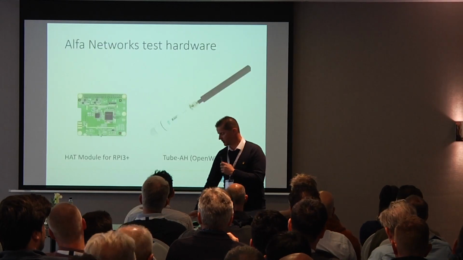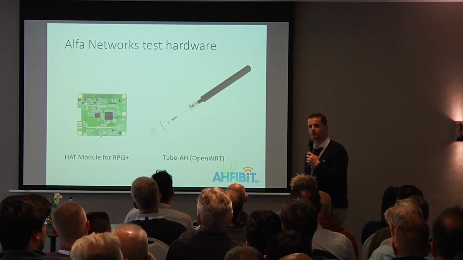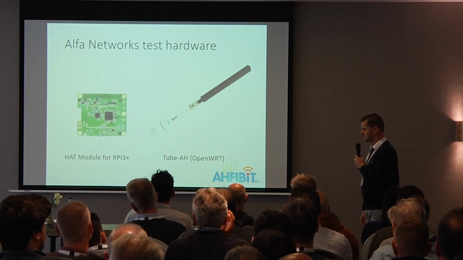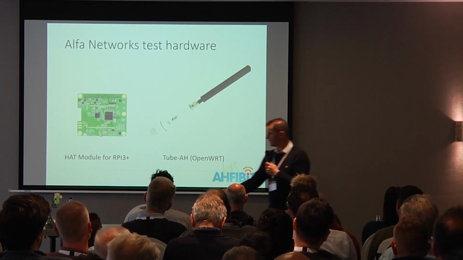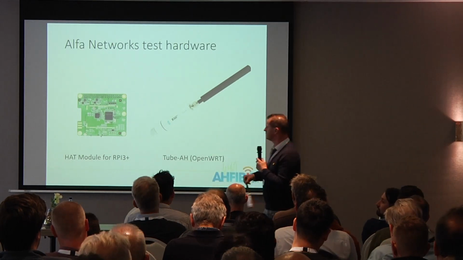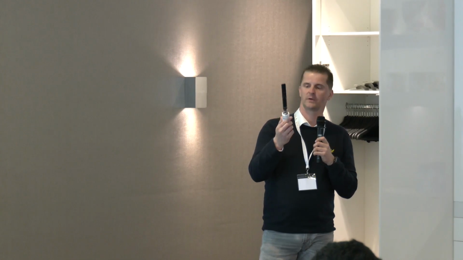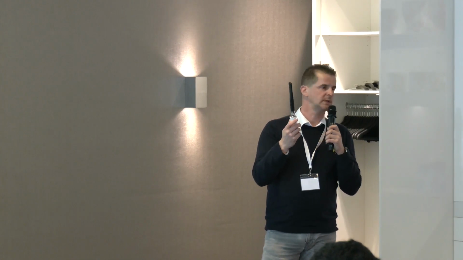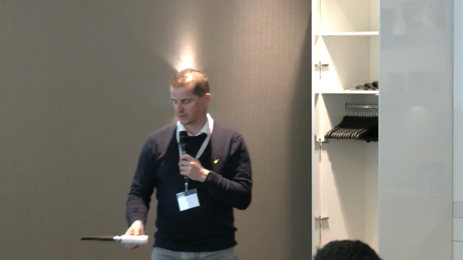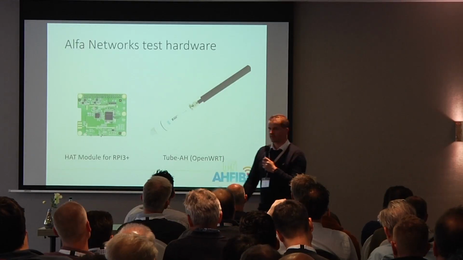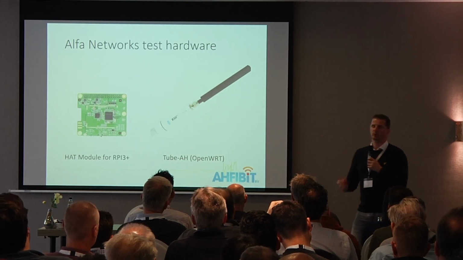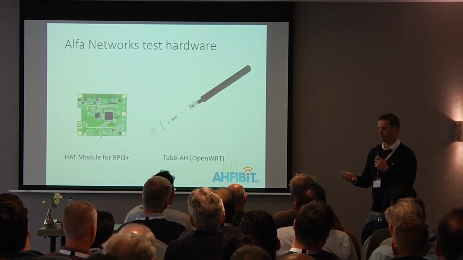And Alpha Networks. You know them from the Wi-Fi dongles. They were having some equipment. I used a hat module for a Raspberry Pi, but I also use this because this was a finished product. It's built for 868 megahertz, so it's built for Europe. So I was using this to capture. I had two of them, so one could be the AP and the other one could be the client.